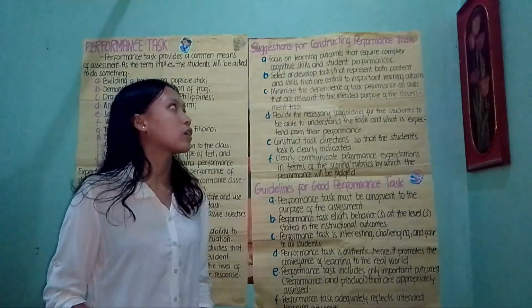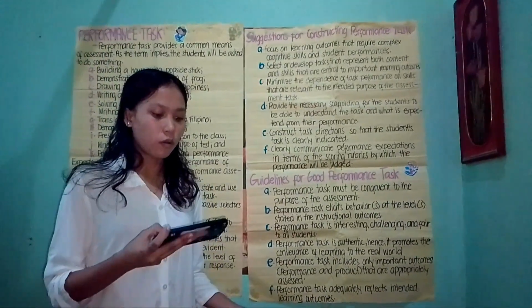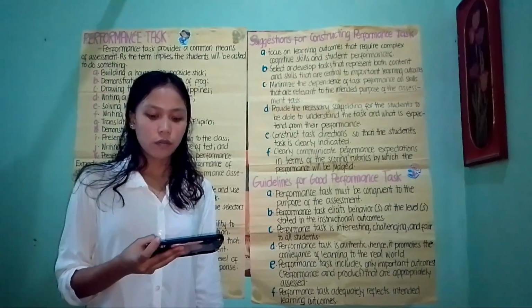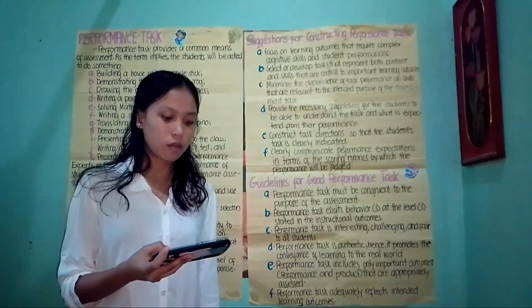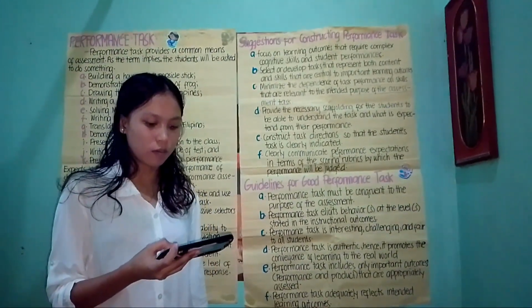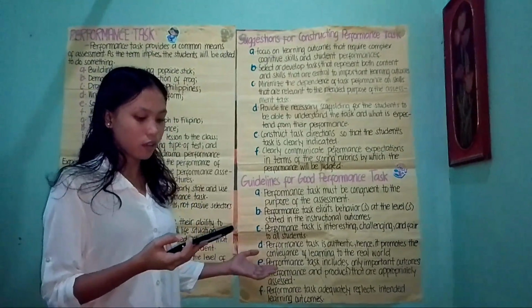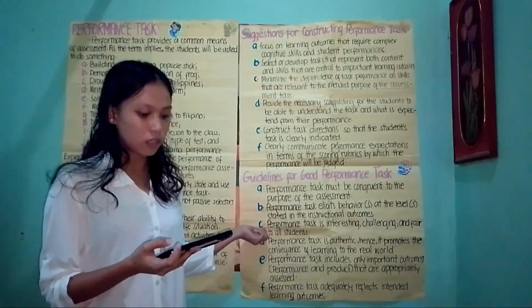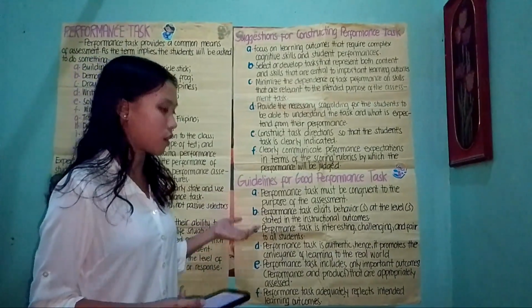Suggestions for constructing performance tasks. So, it is very important to develop high-quality performance assessments that effectively measure complex learning outcomes. Below are the different suggestions in developing performance tasks and the ways of improving scoring.